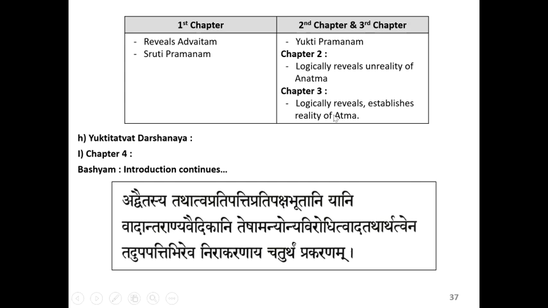And the third chapter logically establishes the reality of Atma. Atma is real. Again and again in 48 verses in the third chapter, Shankaracharya bangs us through logic. See, our intellect will understand clearly why Atma is Satya.